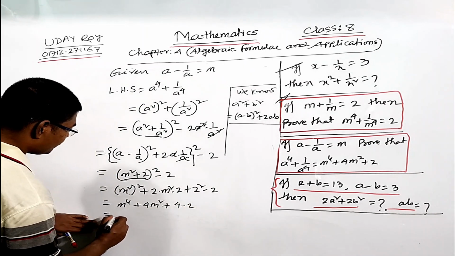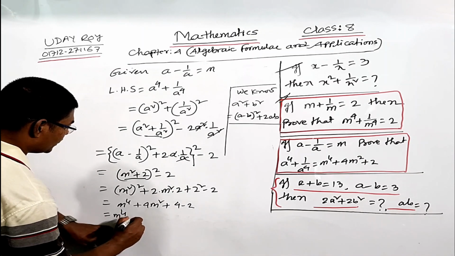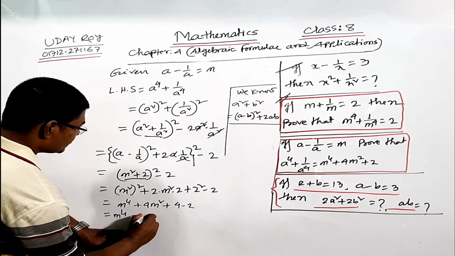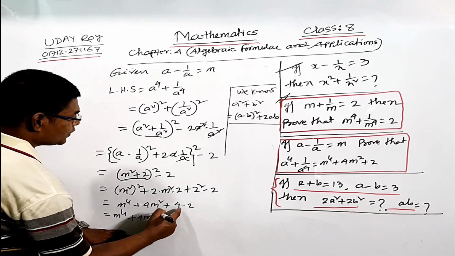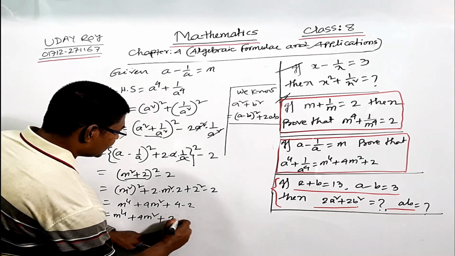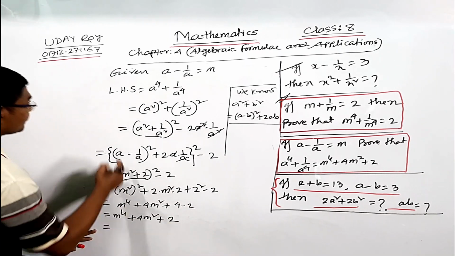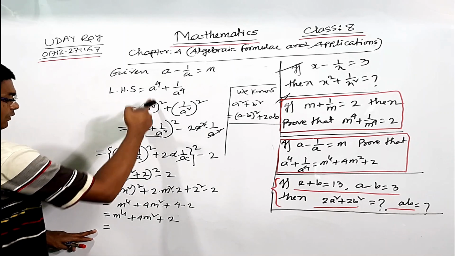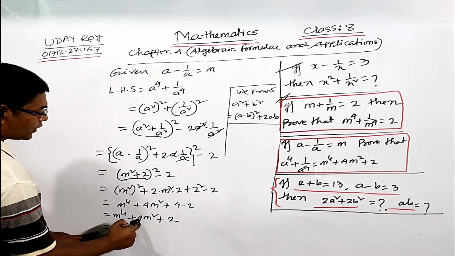We get 2. So the left hand side equals m to the power 4 plus 4m square plus 2.